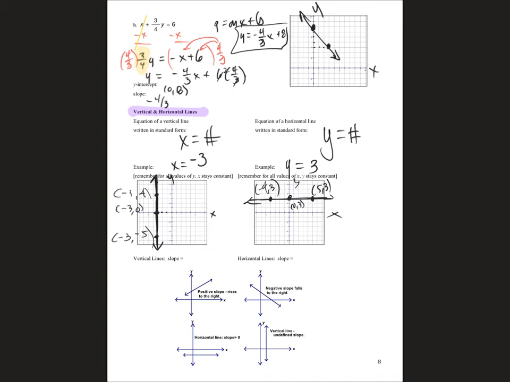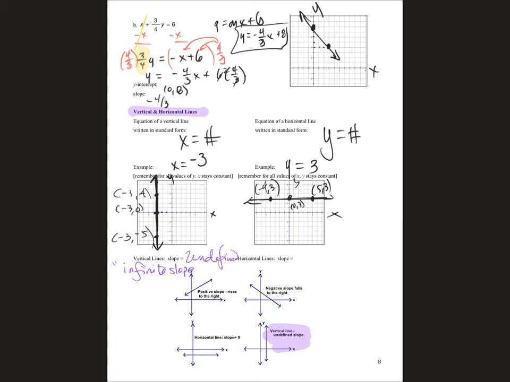Slope of vertical lines. Well, if you can't remember these, you can always calculate it. But the slope of every vertical line is undefined. It's also known as infinite slope.